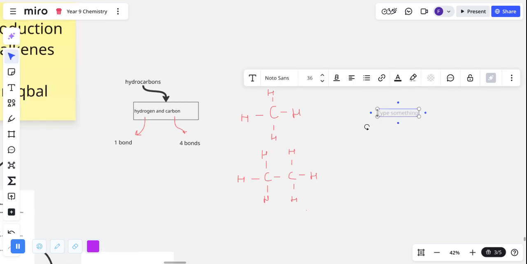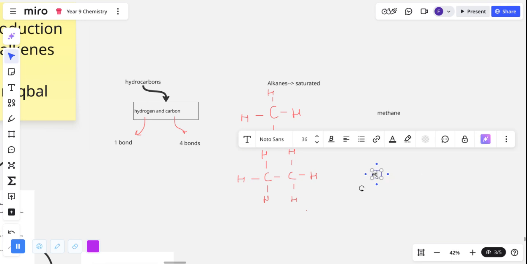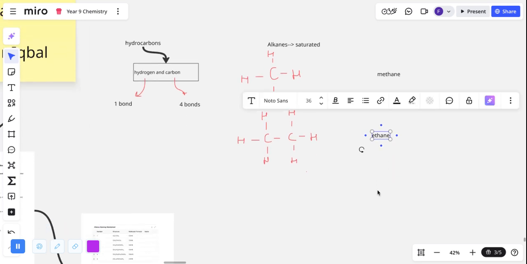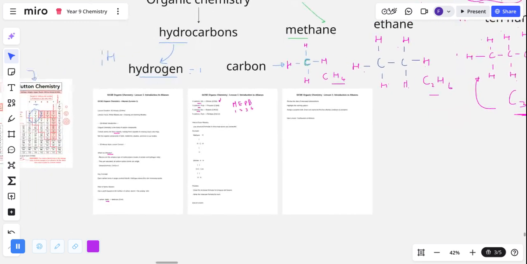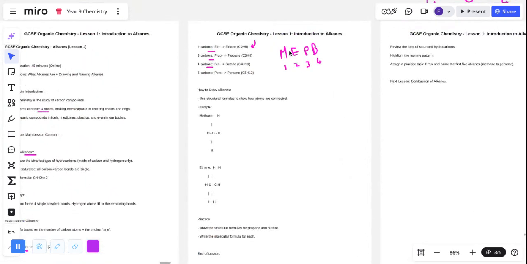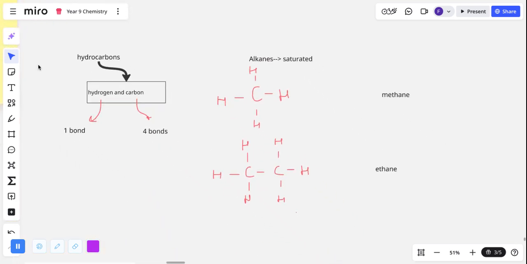If it's 1 carbon, it's called methane. If it's 2 carbons, because it's an alkane, then it's ethane. 3 carbons, propane, and butane. Those were the things that we looked at last week: methane, ethane, propane, butane, pentane. These are the prefixes, and I remember them as MePB.